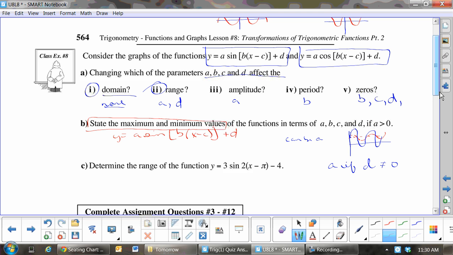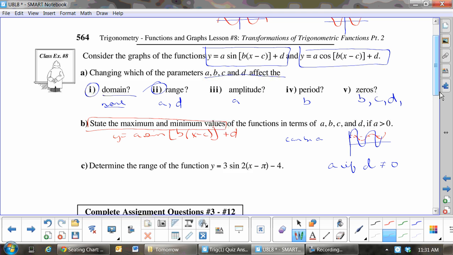Okay? Come on. Somebody try. This is a good thing to know. How would you find the maximum value on this general graph? A plus D, very good.